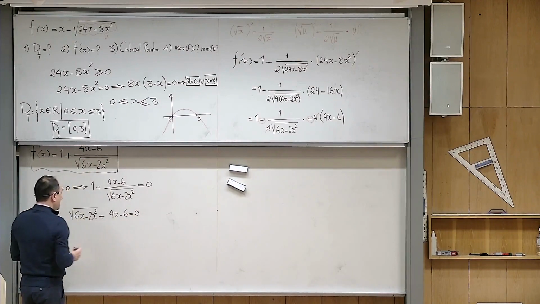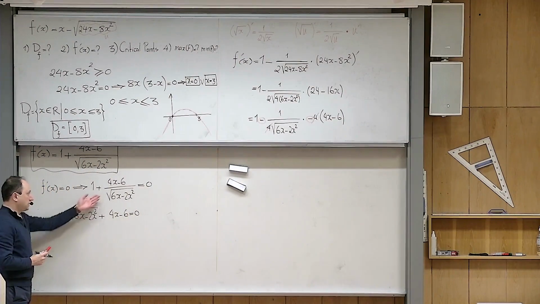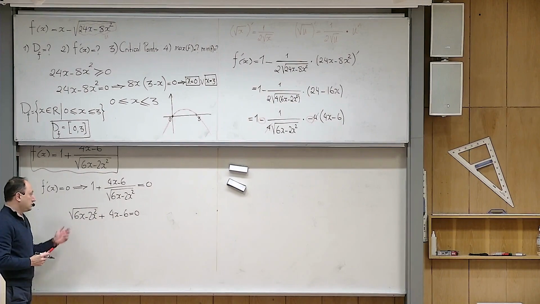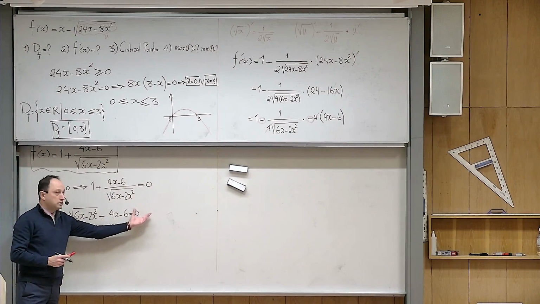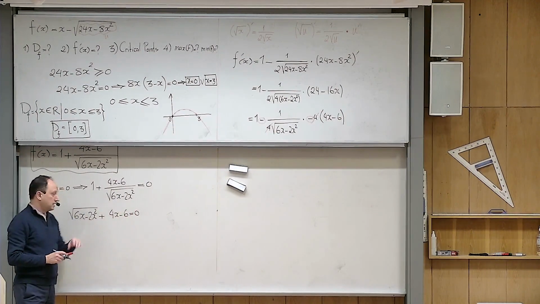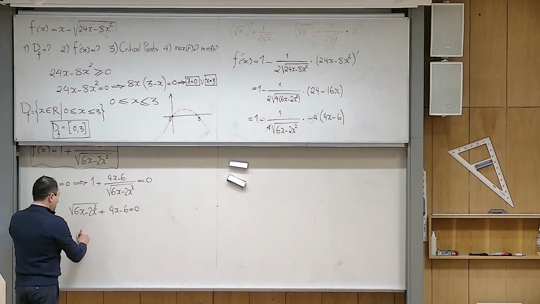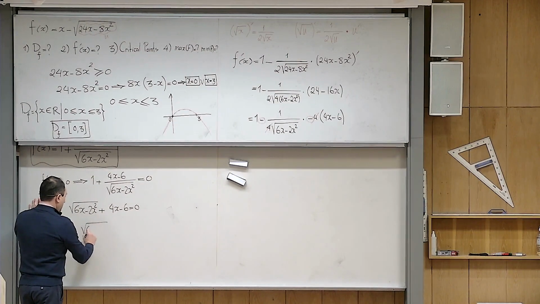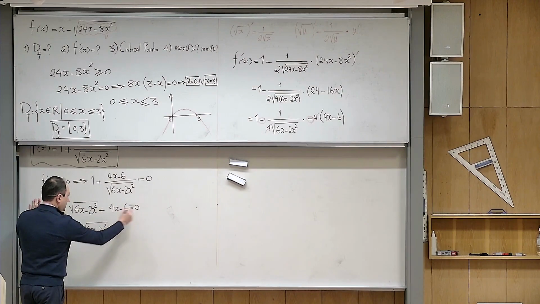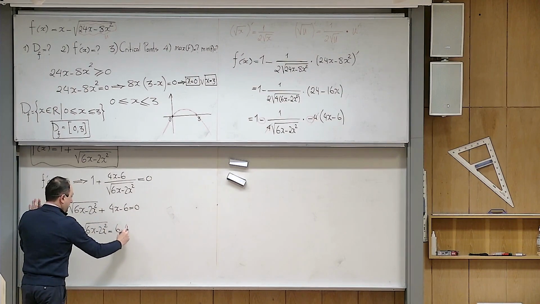So you see, I am now having a root equation actually. And in order to solve the root equation, I have to get rid of the square root sign. So I move them to the other side and square both sides, yes? So what happens, this becomes 6x minus 2x squared. On the right-hand side, this becomes 6 minus 4x.